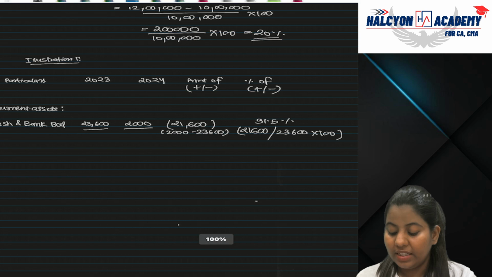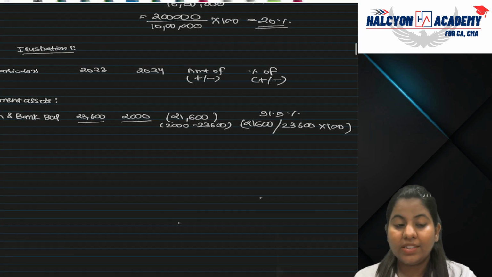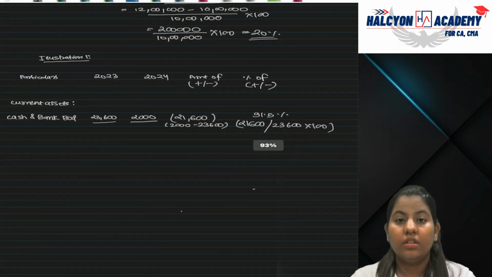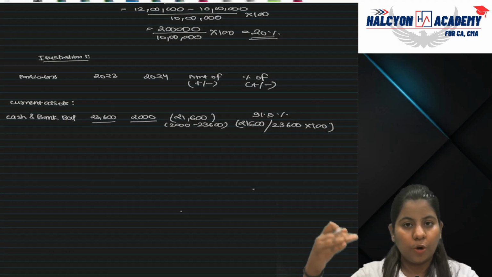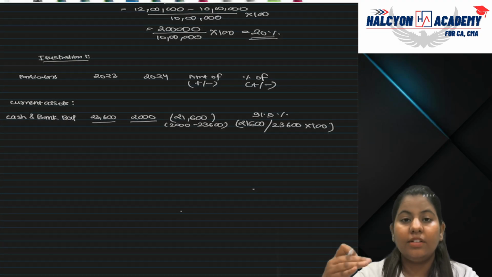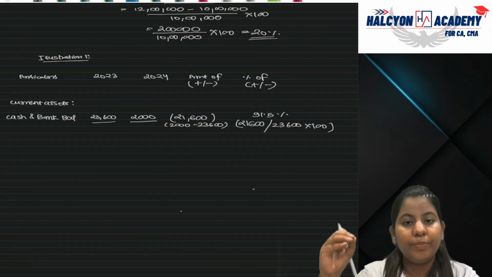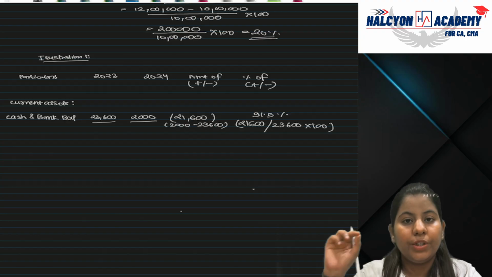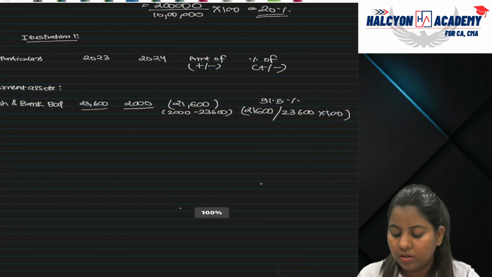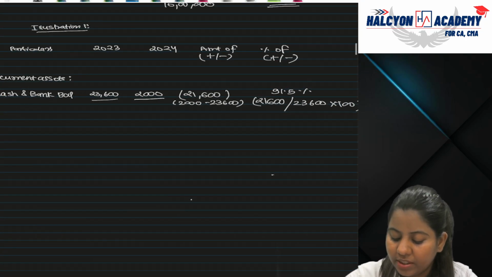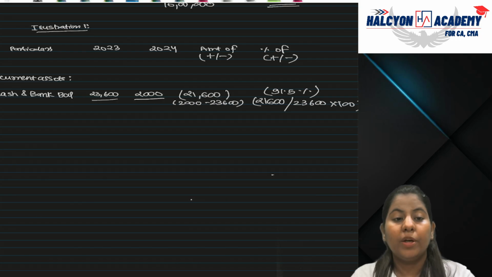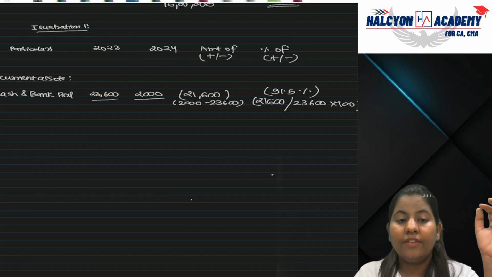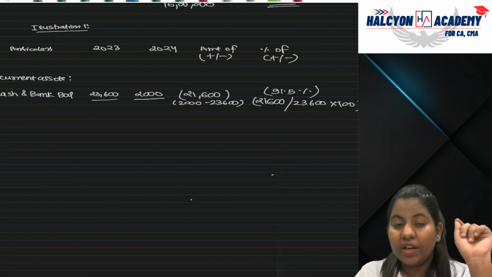So I hope it is clear how the percentage is calculated. We have to take the current year amount, then deduct the previous year amount from it. So basically it is a difference of current year amount and previous year amount divided by the base, that is previous year amount, into 100. It will be 91.5%, and it will be negative because 2,000 is a lesser amount and we have to deduct the bigger amount, 23,600, from it.